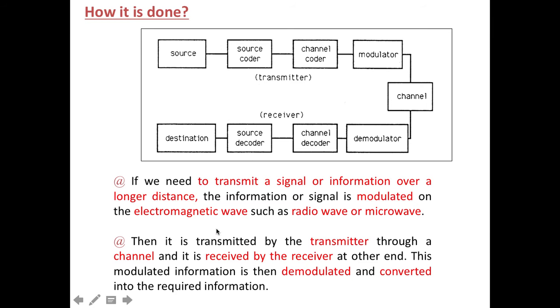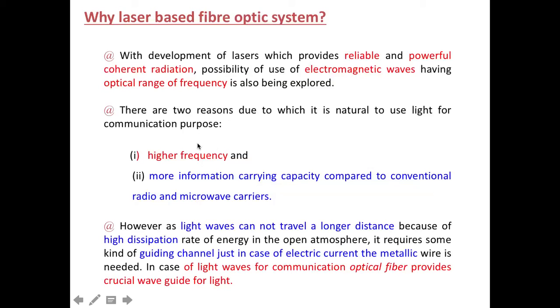Then it is transmitted by the transmitter through a channel. This is the channel, and it is received by the receiver at the other end. This modulated information is then demodulated and converted into the required information.